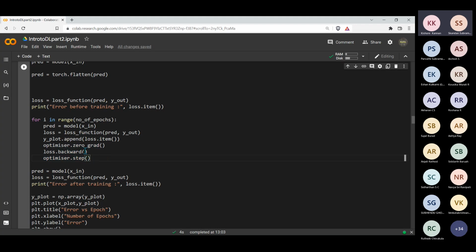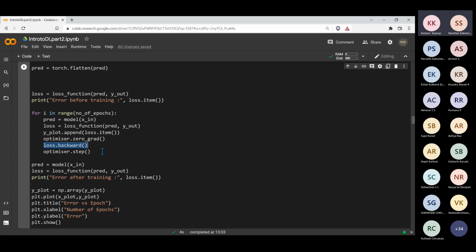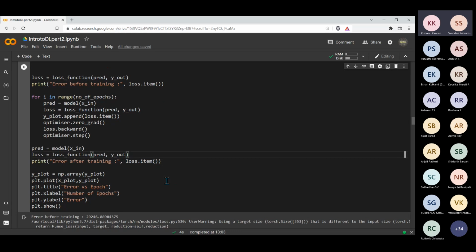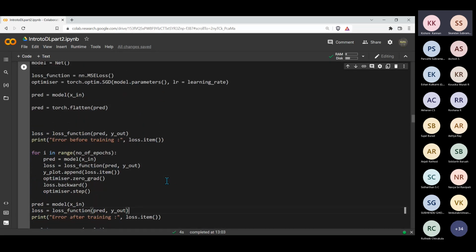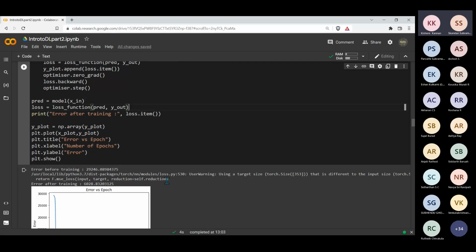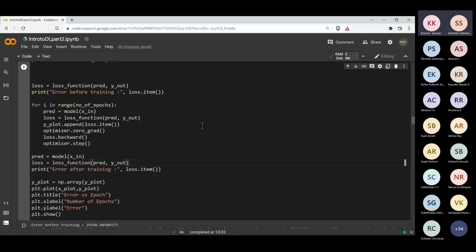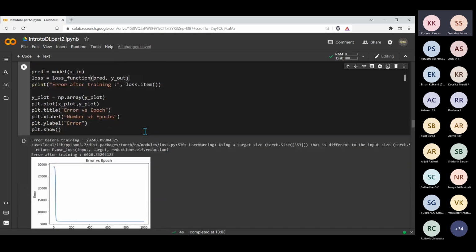We use loss.backward to perform the back propagation, and optimizer.step to take a step in the direction opposite to the gradient direction. So this is the gradient descent algorithm, and in case of gradient descent, we get this kind of graph. If we run this, we'll get this graph. You can see the error before training is this much, and the error after training is this much.